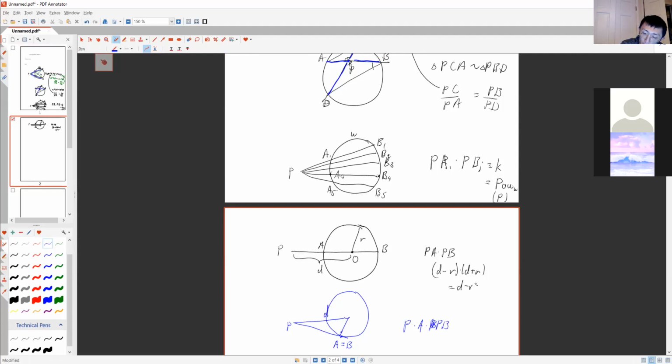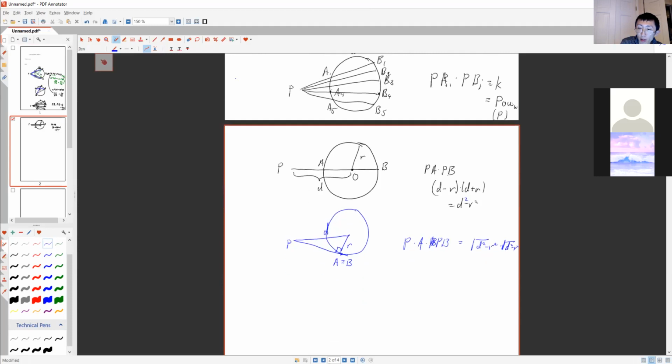This is a right triangle with hypotenuse D and leg R. So this is just the square root of D squared minus R squared times the square root of D squared minus R squared. So yeah, we get the same thing either way. Oh, I forgot a square there. Yeah, thanks.